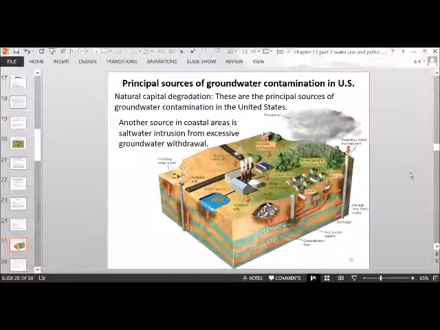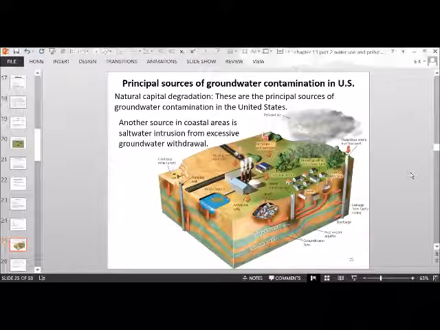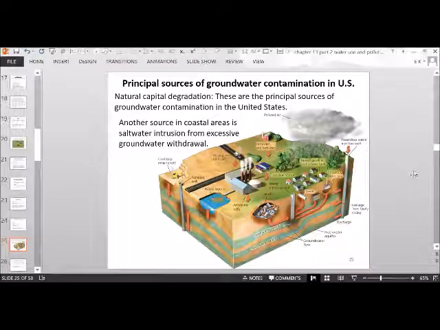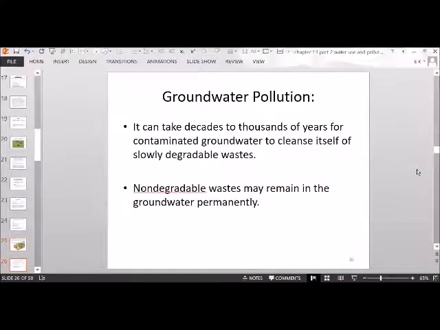And this chart shows you principal sources of groundwater contamination in the US. You could look over this diagram. It could take decades to thousands of years for contaminated groundwater to cleanse itself of slowly degradable wastes. But non-degradable wastes may remain in the groundwater permanently.